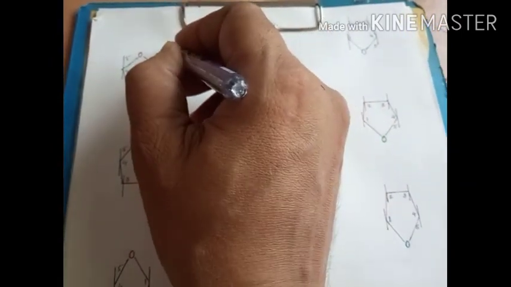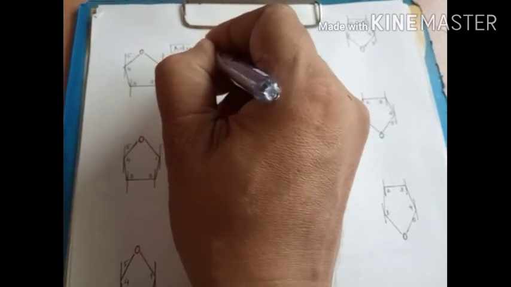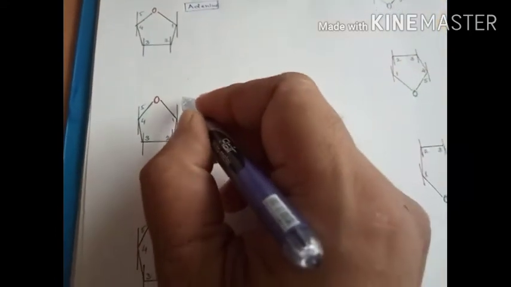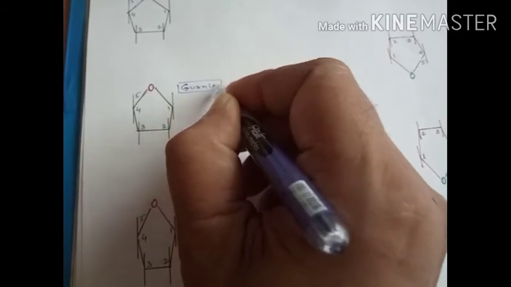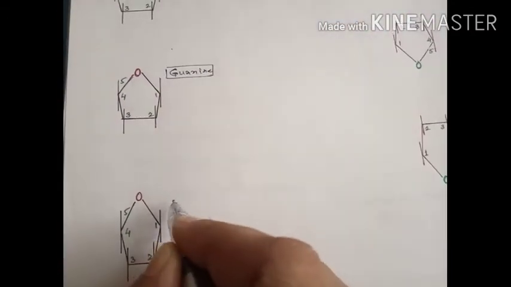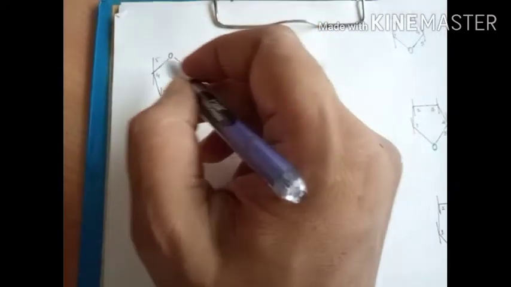Suppose here we have drawn a strand: from the first pentose sugar, the base adenine is joined. From the second pentose sugar, guanine is there. For the third one, cytosine is there. For the fourth one, thymine is there. And as we have discussed, at the 5' position they have the phosphate group.